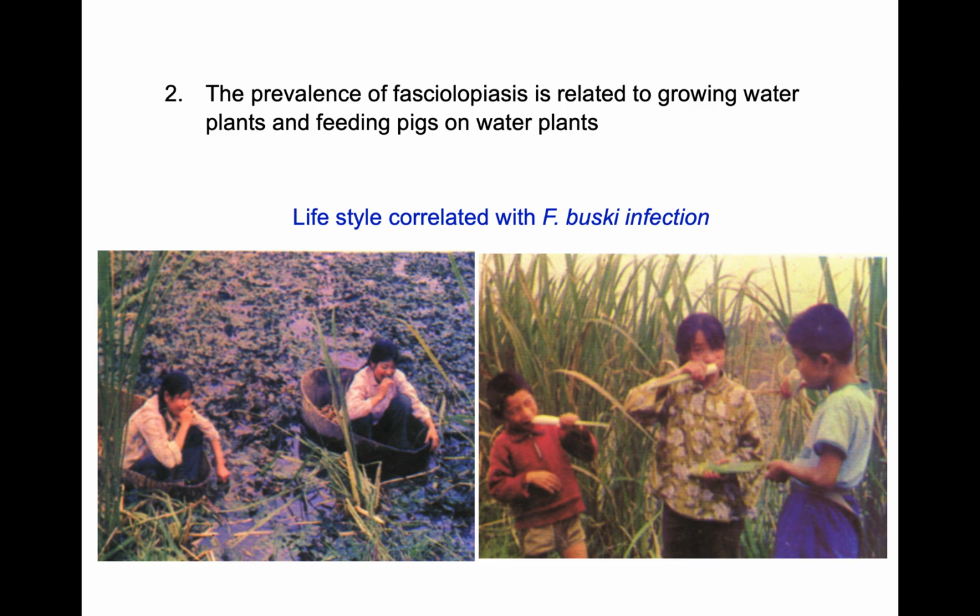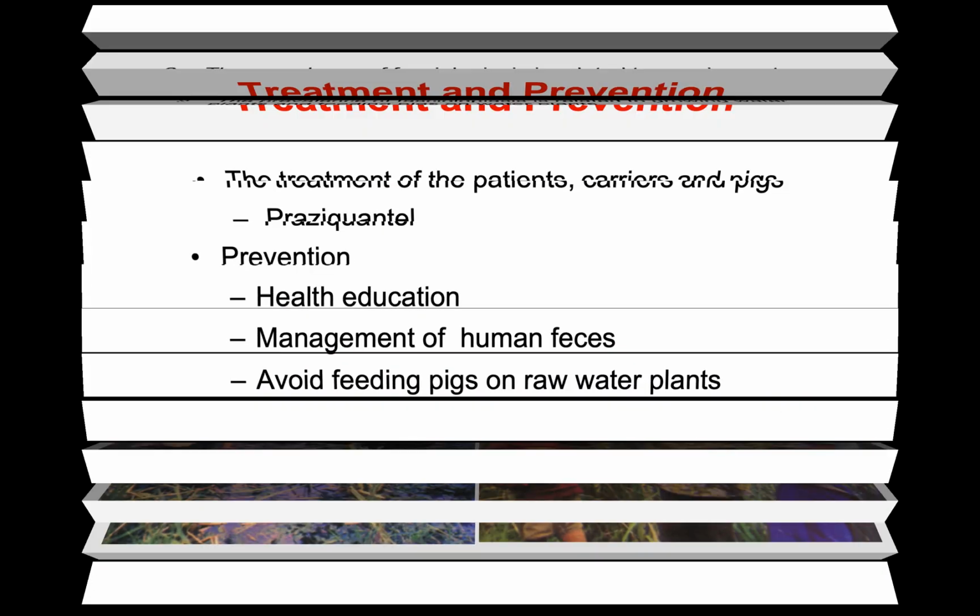And this is a lifestyle correlated with Fasciolopsis buski infection. You can see people, when they are in the river, get the water plant and just eat it. So by then, it's very common to have this kind of disease. And these plants were also used to feed pigs.